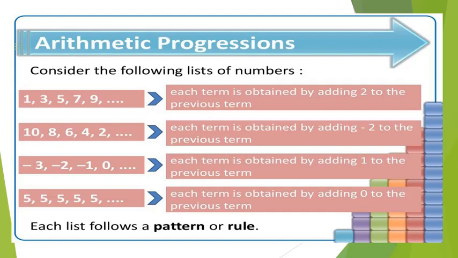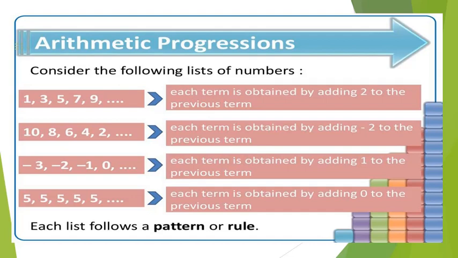Now, the second list, it's 10, 8, 6, 4, 2. Again, what have you observed? That each term is obtained by adding minus 2 to the previous term. 10 plus minus 2 is 10 minus 2, so 10 minus 2 is 8. That's our second term. Similarly, 8 minus 2 is 6. 6 minus 2 is 4. 4 minus 2 is 2.